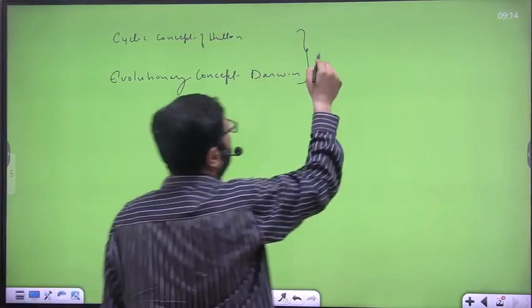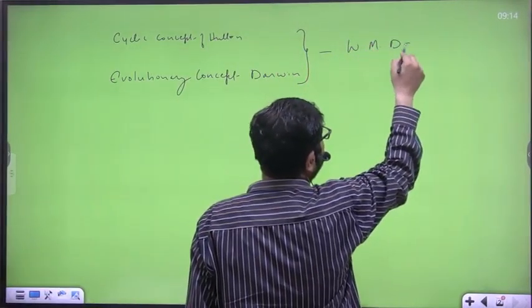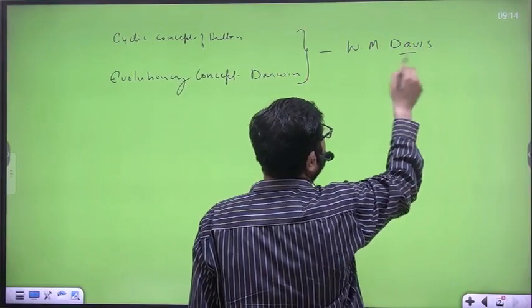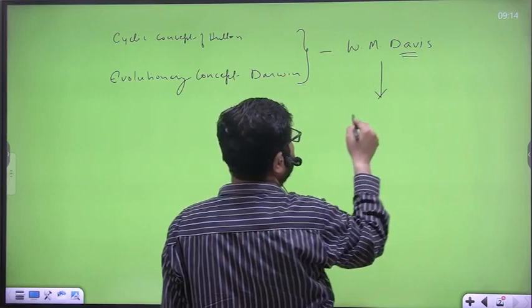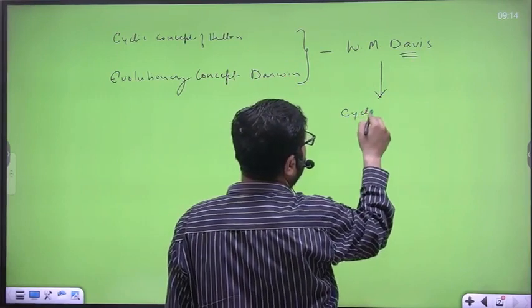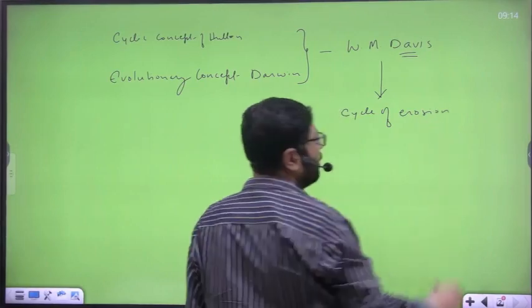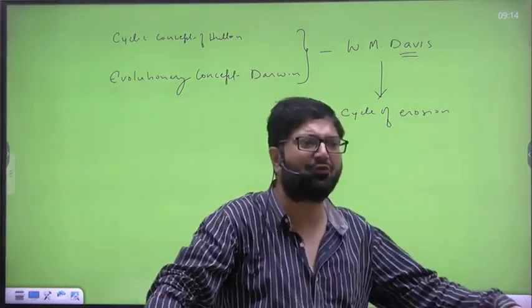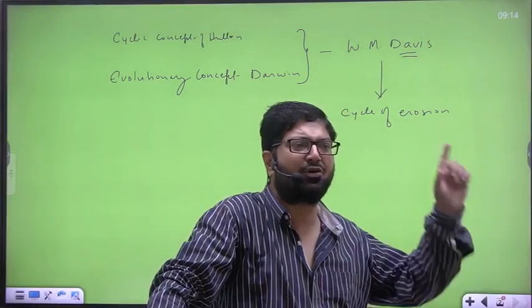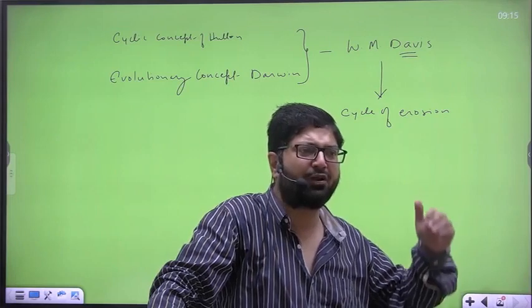American scholar William Morris Davis, popularly known as Davis, based on these two concepts, propounded the concept of cycle of erosion, also known as theory of landscape development, based on these two concepts, cyclic concept of Hutton and evolutionary concept of Darwin.